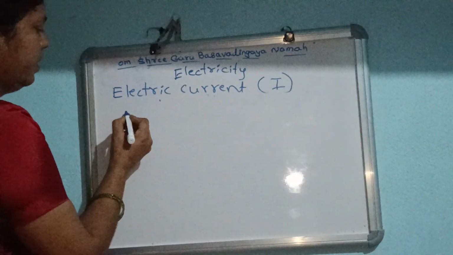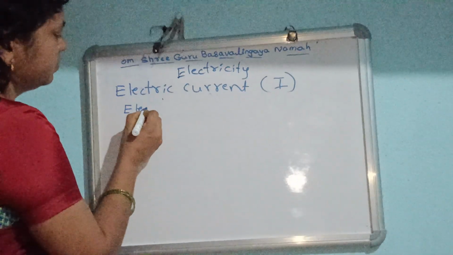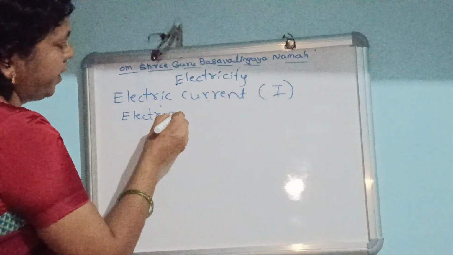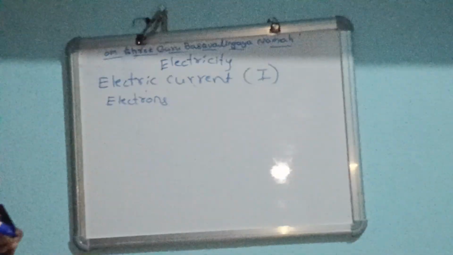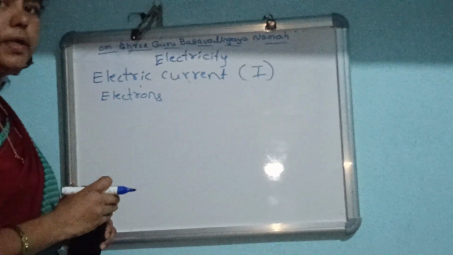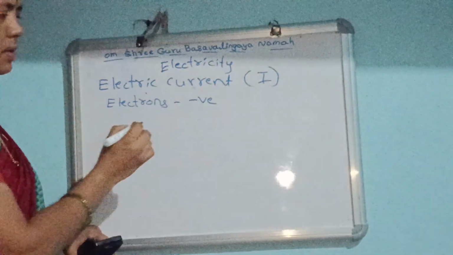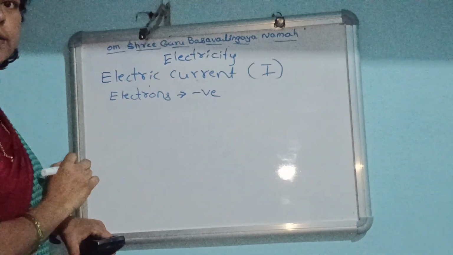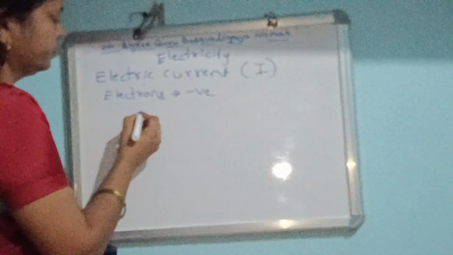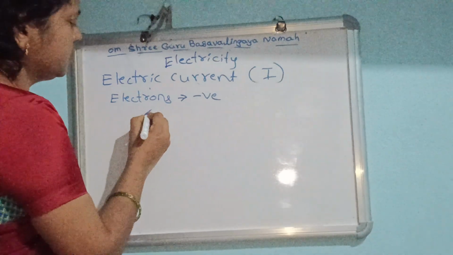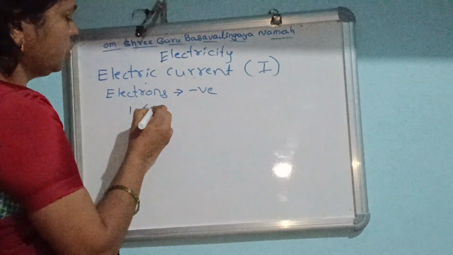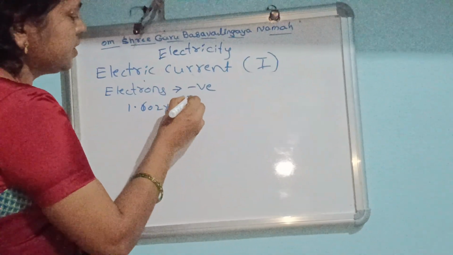Electrons are the smallest subparticles of an element. Electrons are negatively charged particles with a charge of 1.602 into 10 to the power minus 19 coulomb.